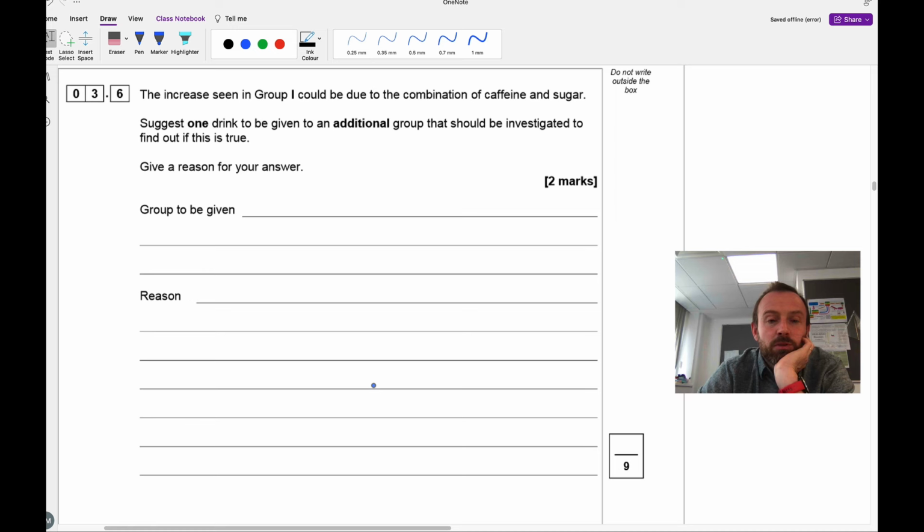So I would say the group should be given sugar, and the reason is we would want to see the effect of sugar in isolation, without caffeine. I might say the one group shows us the effect of caffeine on its own, but we don't know the effect of sugar on its own. And then we definitely want to have, say, for comparison.